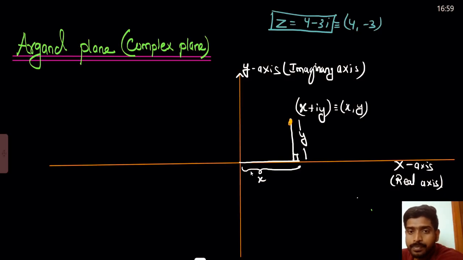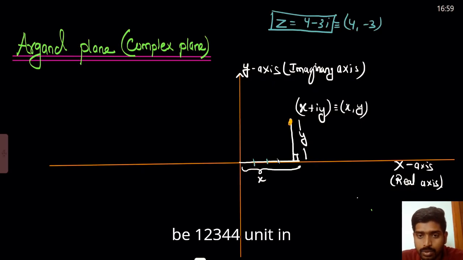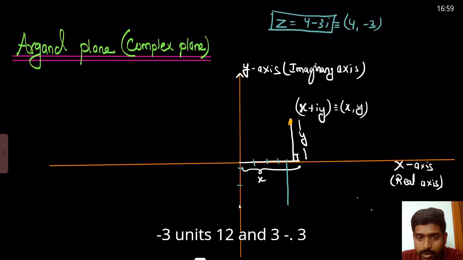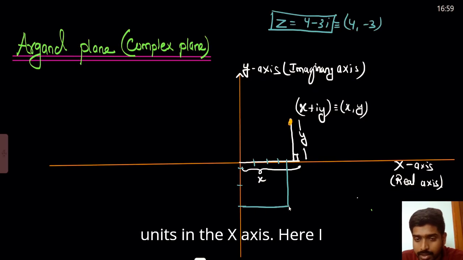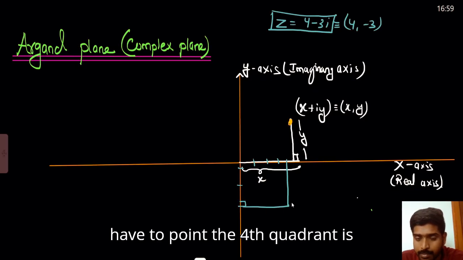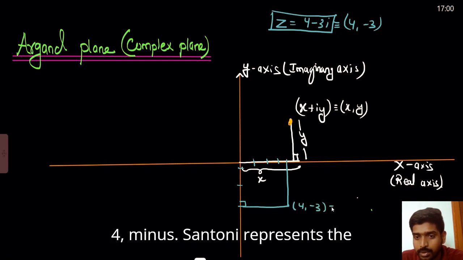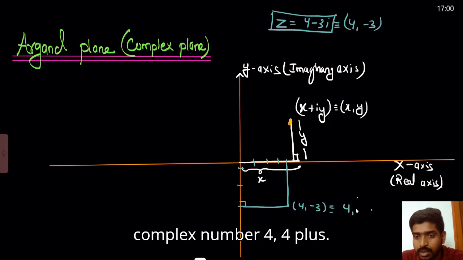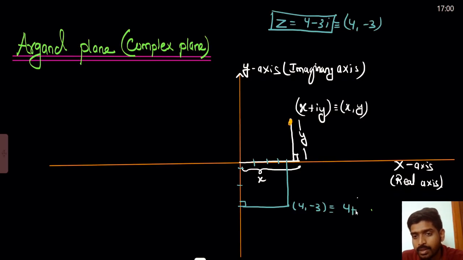So 4 will be 1, 2, 3, 4, the 4 units in the x-axis, and the minus 3 units, 1, 2, and 3. Here I will have the point in the fourth quadrant, 4 comma minus 3. This point represents the complex number 4 minus 3 iota.